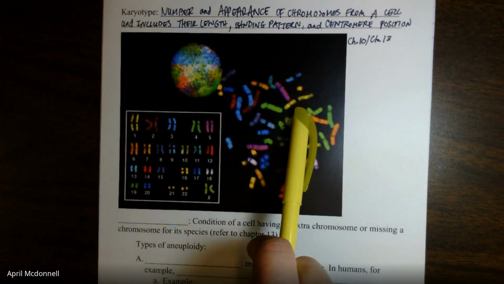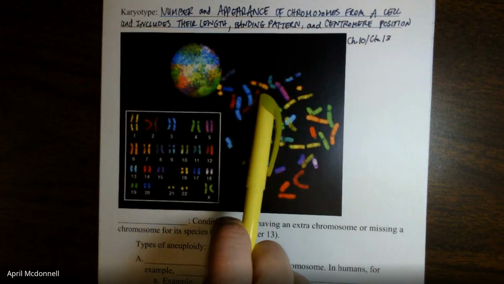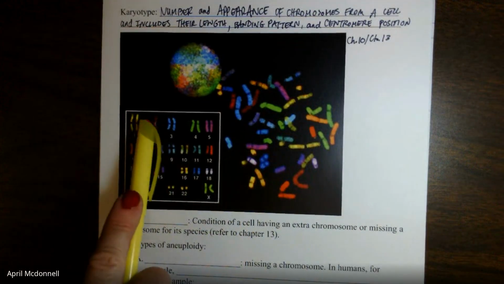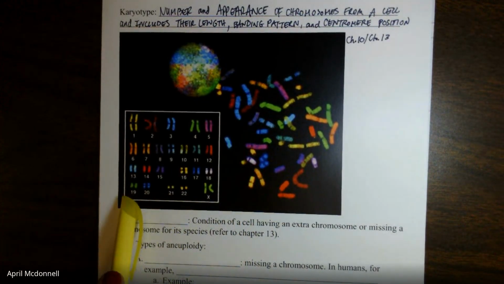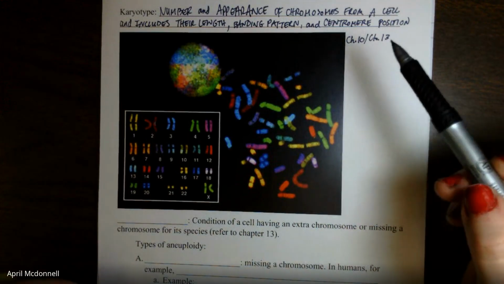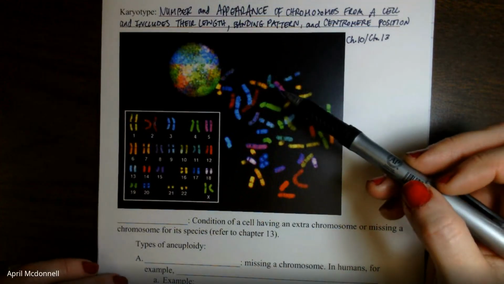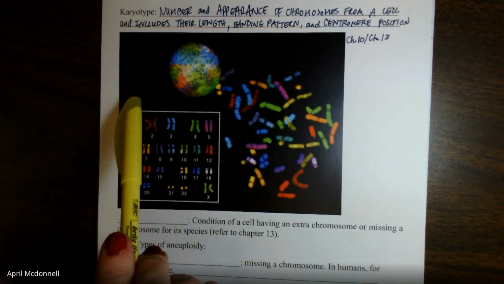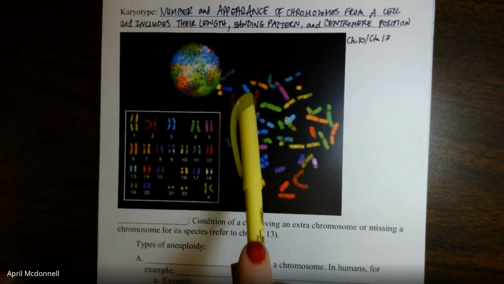What we can do is we can use a computer to take all of those chromosomes and organize them into homologous pairs. So a computer will artificially arrange all of these chromosomes into the homologous pairs that we see in this box right here.